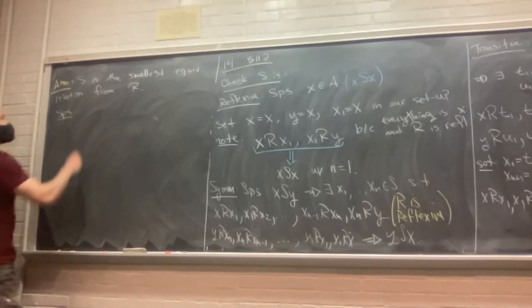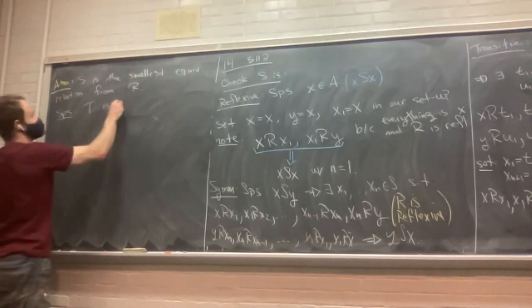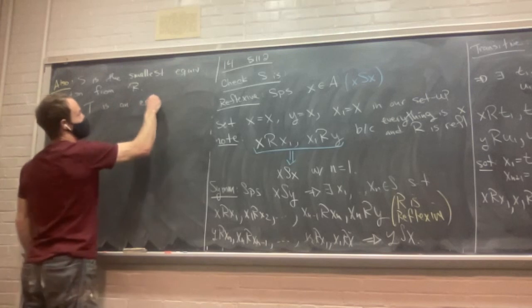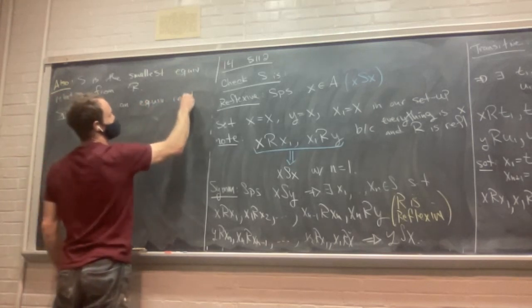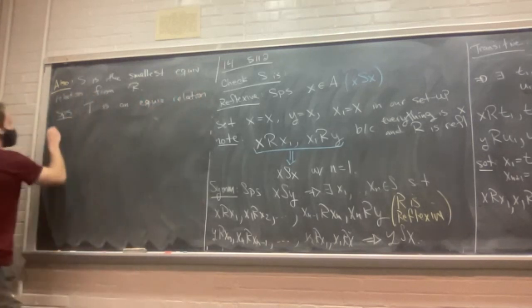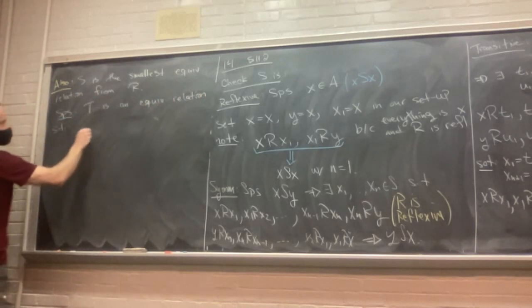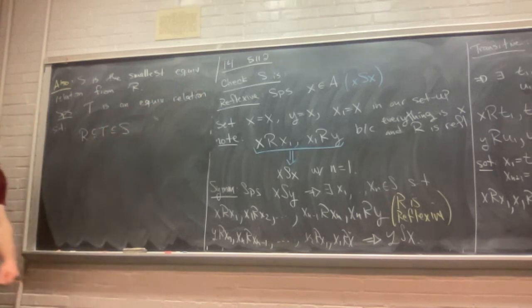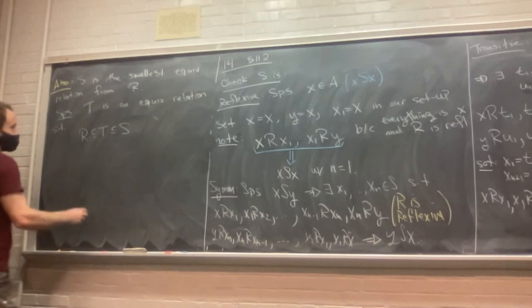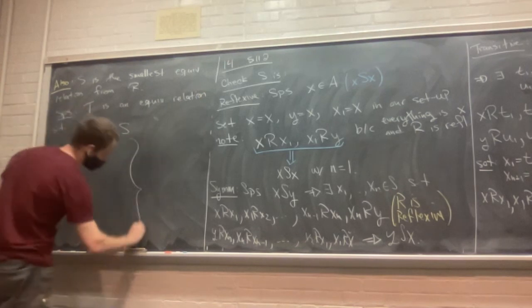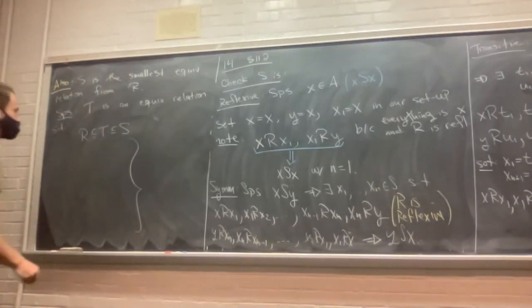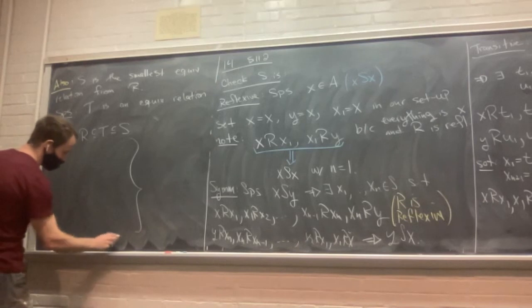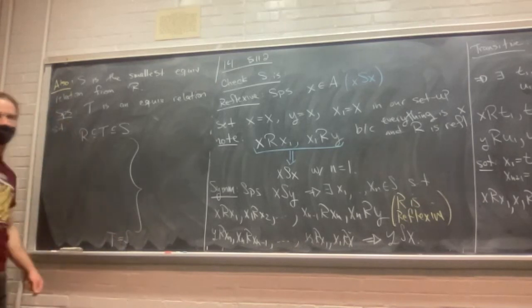So let's suppose T is an equivalence relation such that R is contained in T, which is contained in S. And then the last step of this proof should be that T is equal to S. So what did we do?